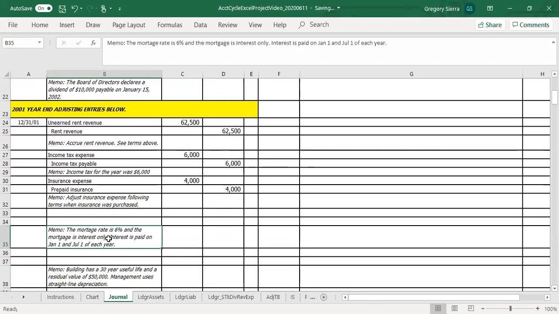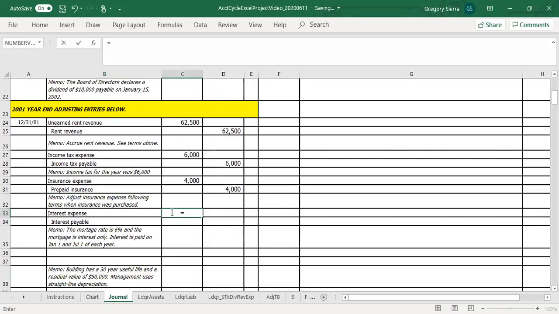Mortgage rate is 6%, and the mortgage is interest only. Interest is paid on January 1 and July 1 of each year. So we're going to have interest expense, indent, interest payable. So we're going to accrue the liability today, and actually tomorrow, January 1, we're going to pay it off.